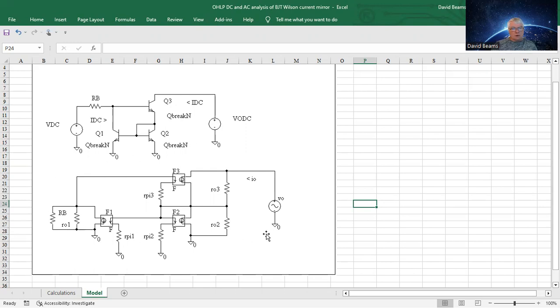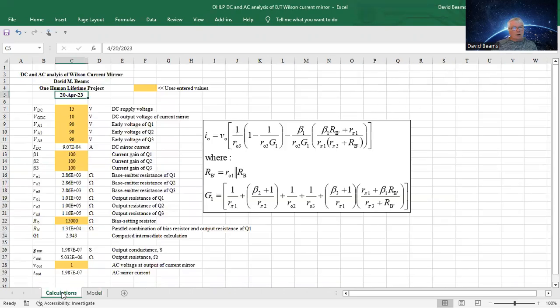This is the small signal model of the circuit. And again, user supplied information are in the tan cells, and results. Here's the DC output current with the given values. And here is the calculated output resistance of the current mirror.